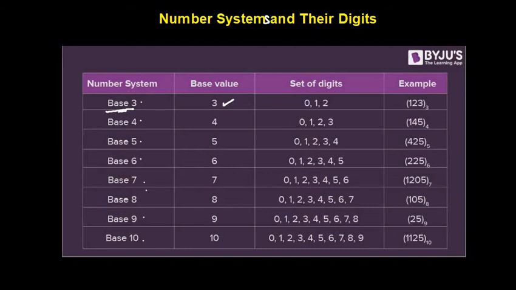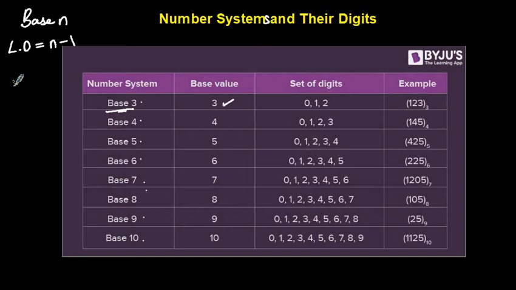So if I go up here and write base n, the last digit, LD for last digit, in base n would be n minus 1.